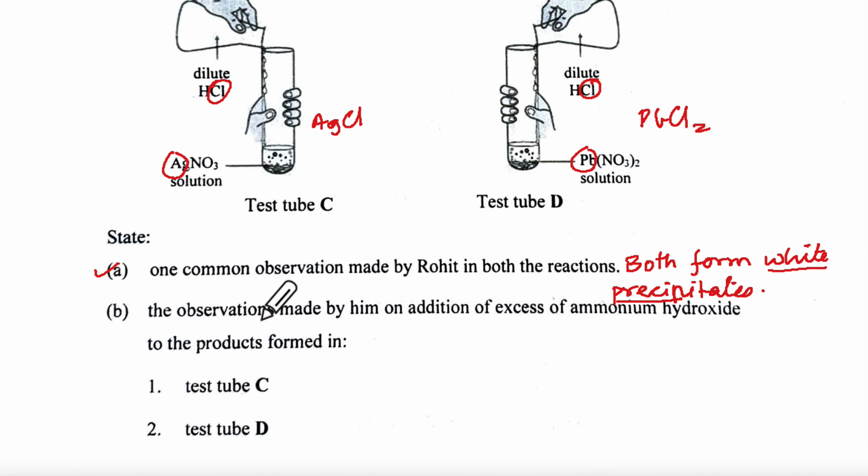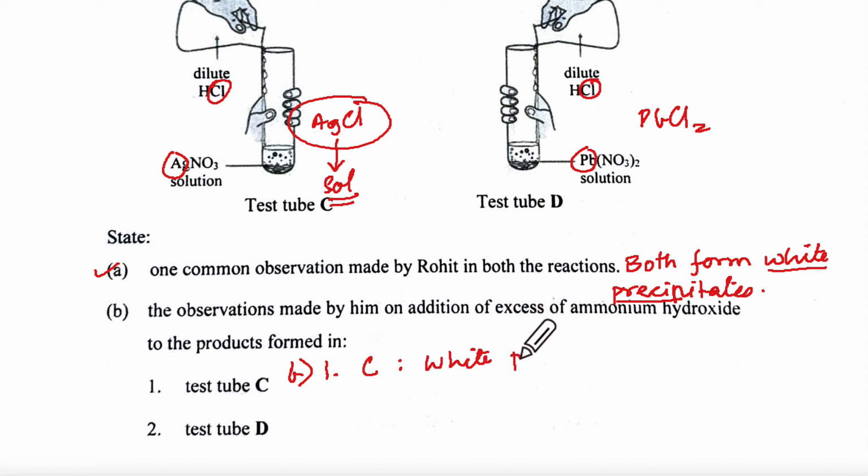Now for B, the observation made by him on addition of excess ammonium hydroxide. Then in test tube C, AgCl is soluble in excess NH4OH, forming diammine silver chloride. So for your B first part, C, you will say that white PPT dissolves in excess NH4OH.